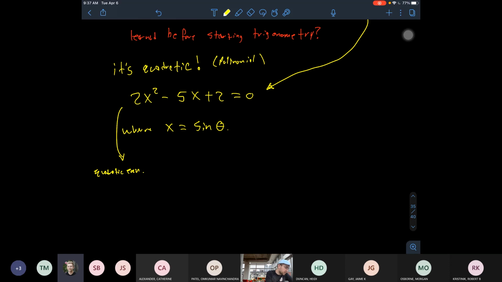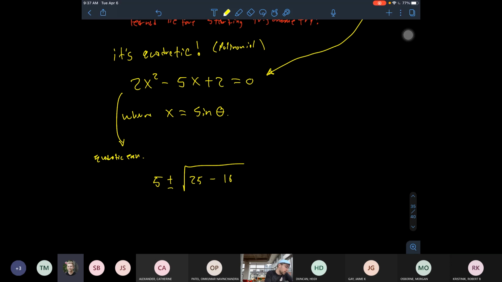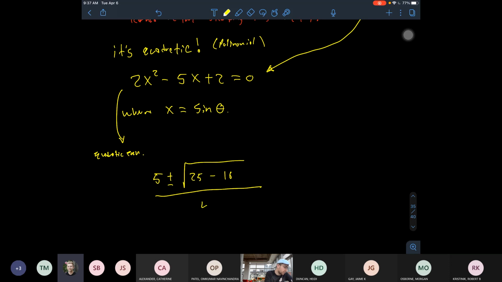Well, we get negative b, that's 5, plus or minus the square root of b squared, that's 25, minus 4 times 2 times 2, that's 16. And this should all be divided by 2a, which is 4.